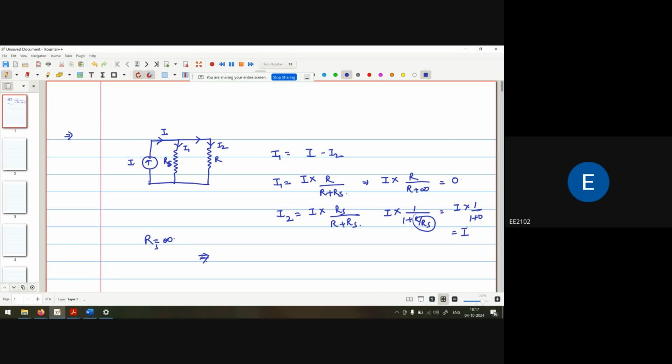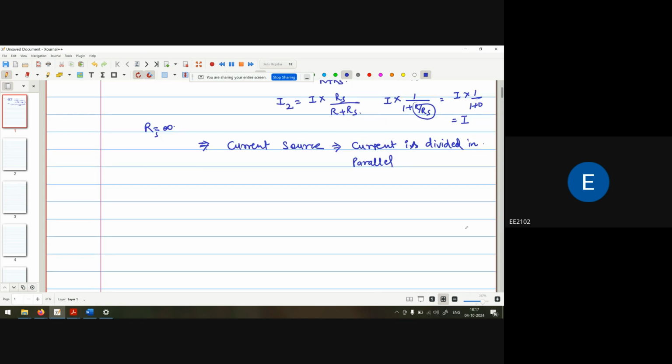Basically, when we are talking about the current source, this is the condition where my current is divided in parallel, whereas current is constant in series.